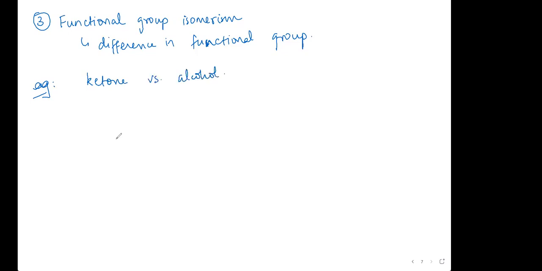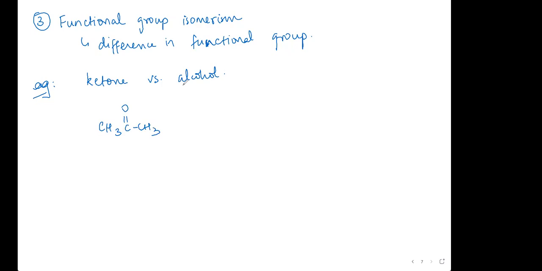Now, the number of atoms should be the same. Ketone, alcohol, there's only one oxygen atom, so that makes sense. Let's look at the simplest ones. The simplest ketone is acetone, which is CH3, C double bond O, CH3.